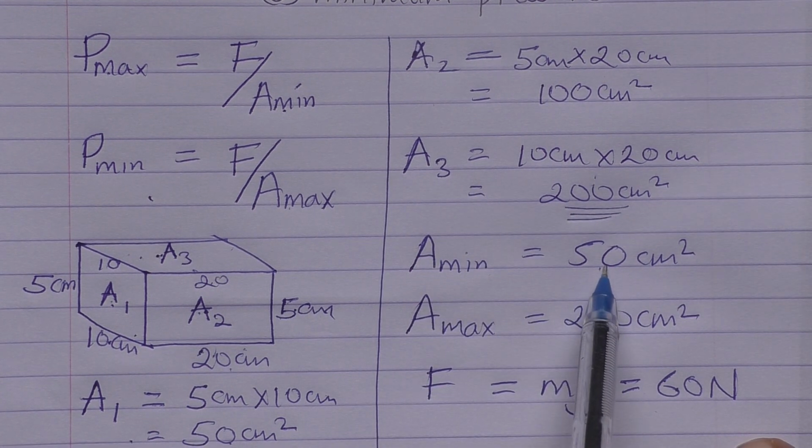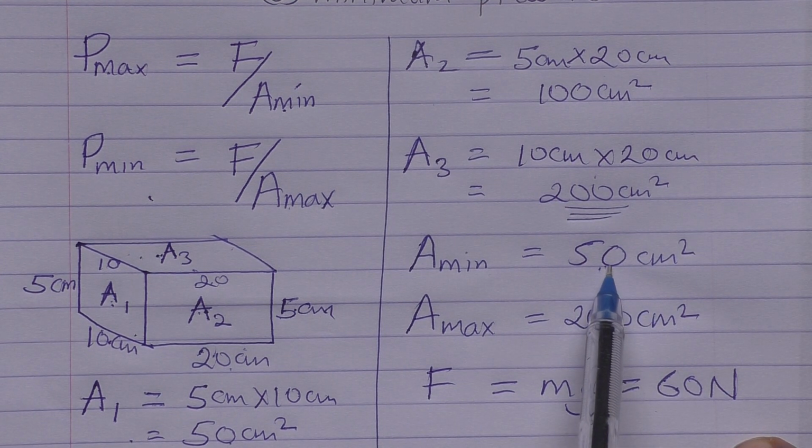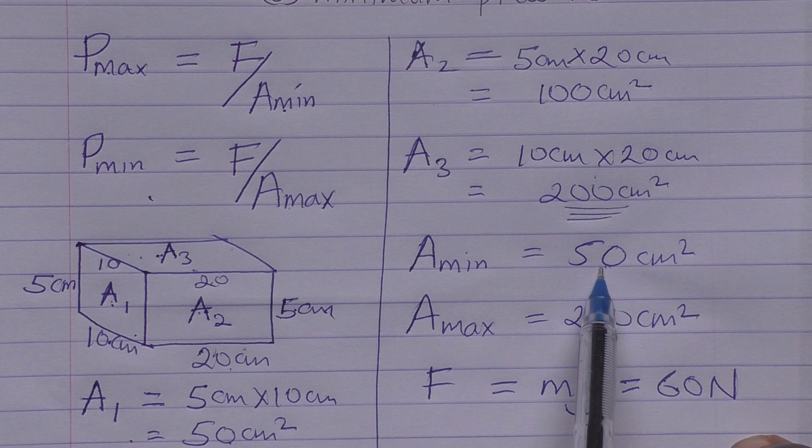But don't forget to change 50 centimeters squared into meters squared. We divide this by 10,000 because 1 meter is 100 centimeters.